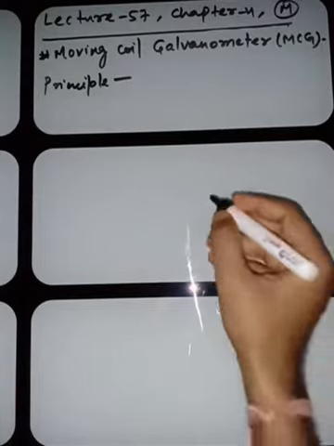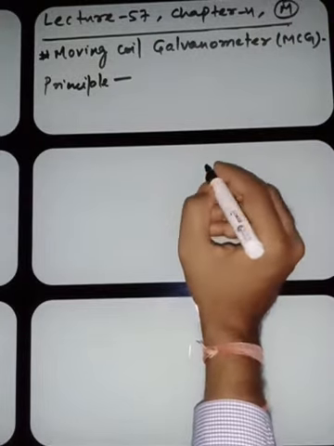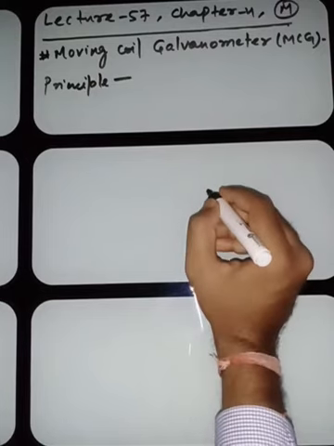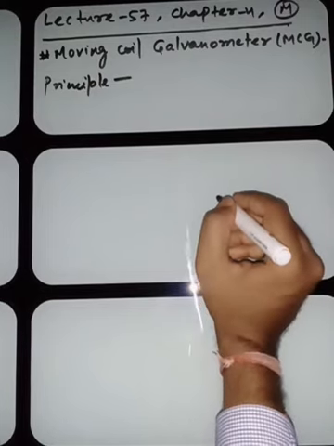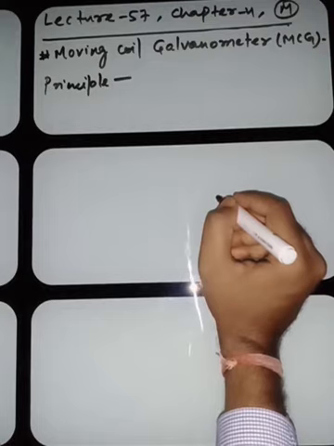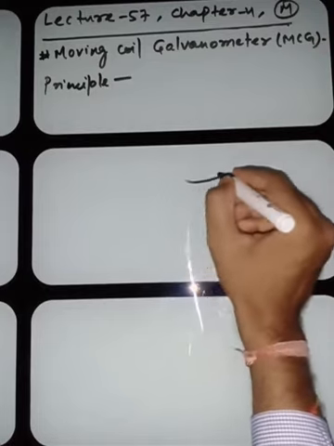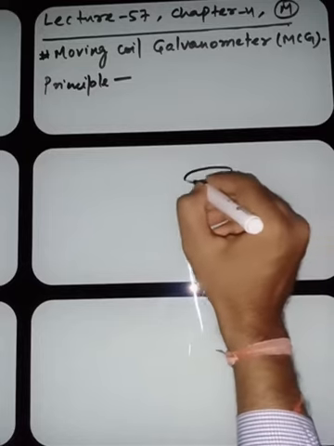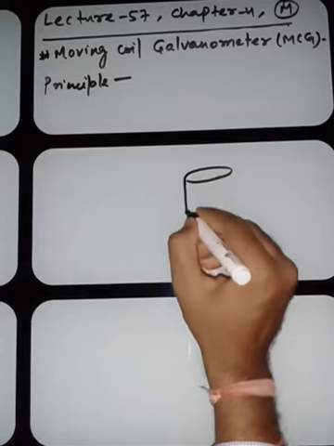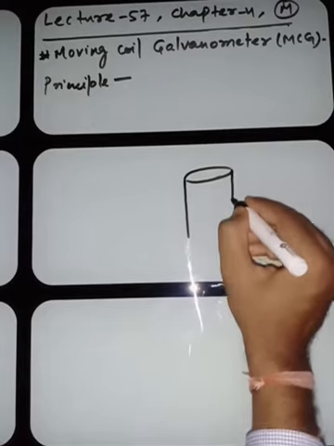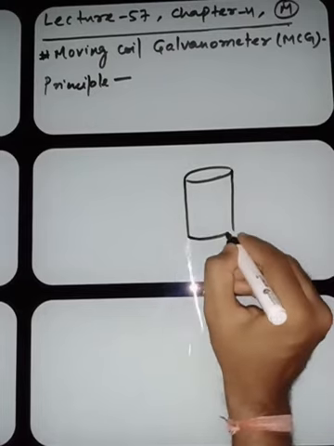Okay, now let me draw the diagram of the galvanometer. It is given in your book, a very simple diagram in NCERT. You can follow. Here I am drawing the practical diagram of the galvanometer, how it actually looks.